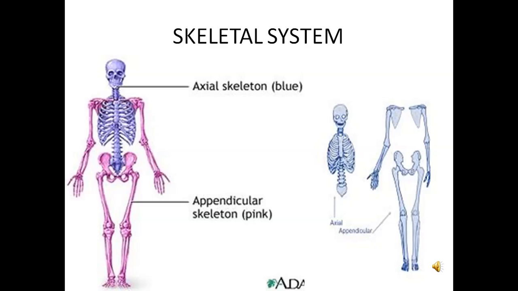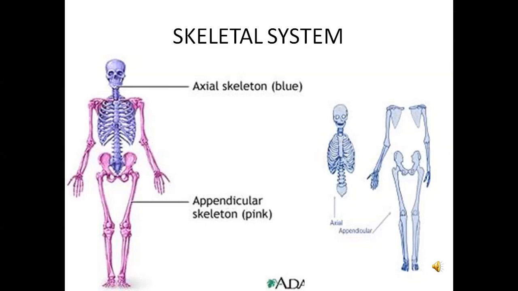Bones provide a framework for the body, and bones along with muscles help in movements such as walking, running, chewing and dancing, etc. The adult human skeletal system consists of 206 bones and a few cartilages, ligaments and tendons. Ligaments help in connecting bone to bone. Tendons connect bone to muscle.